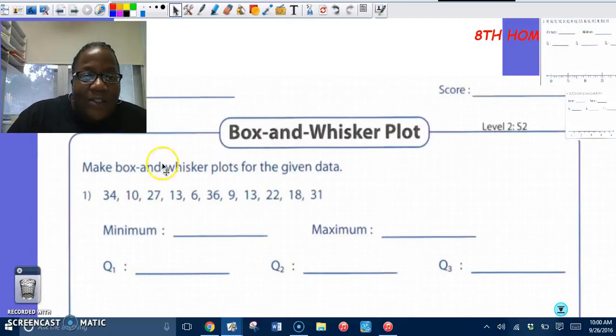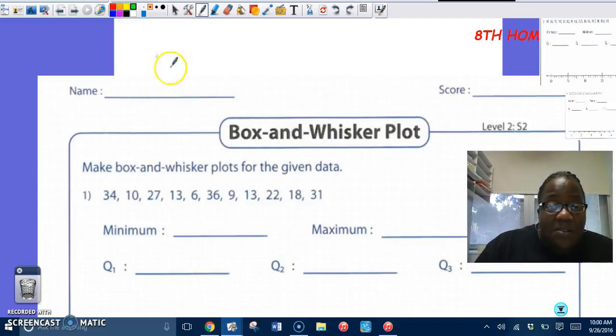Okay, so the first thing we do, we're going to put these numbers in order. I'm going to put them in order up here. My smallest number looks like it's 9. So I have 9, then 10, then 2 13s. 13, 13.